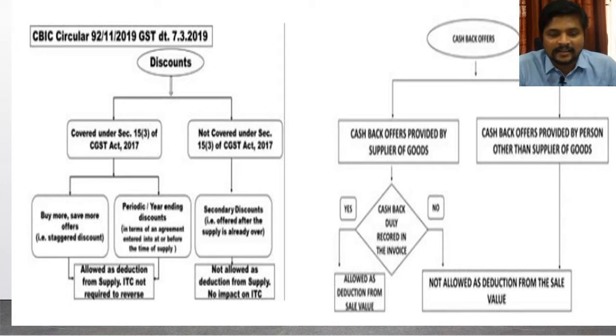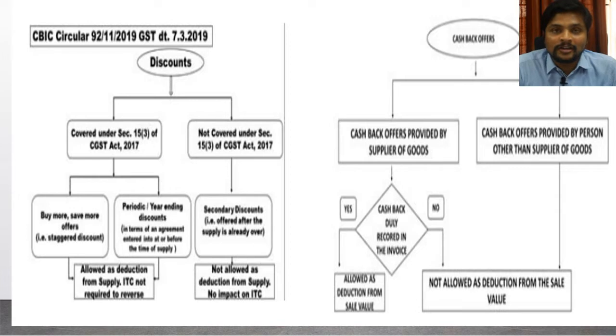That is first. Second, there are secondary discounts. Secondary discounts are those offered after the supply is already over. If the discounts are offered after the supply is over, then that will not be allowed as an exclusion in arriving at the value. That should not be deducted from the valuation. But when I was discussing subsection 3, I told you that if the discount is recorded in the agreement entered before the supply is made, then that discount can be allowed provided the ITC related to that discount is reversed by the recipient.